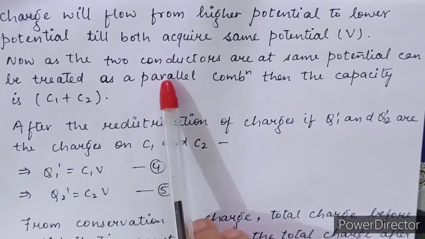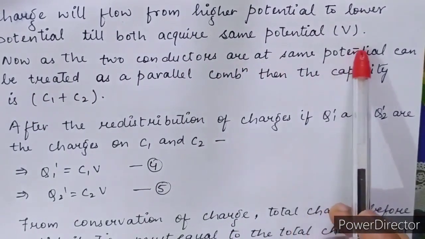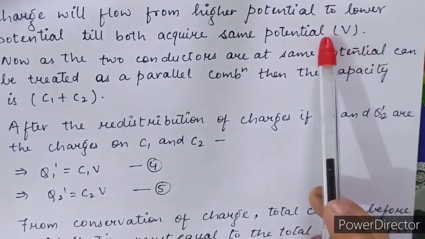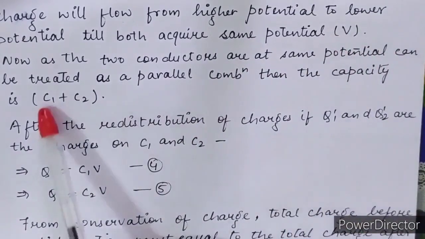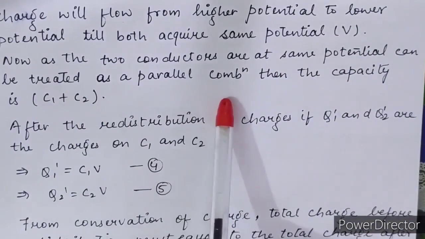Now, as the two conductors are at the same potential, that we have discussed right now, they can be treated as a parallel combination.